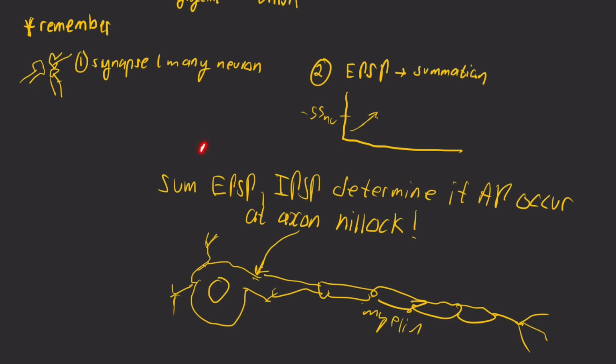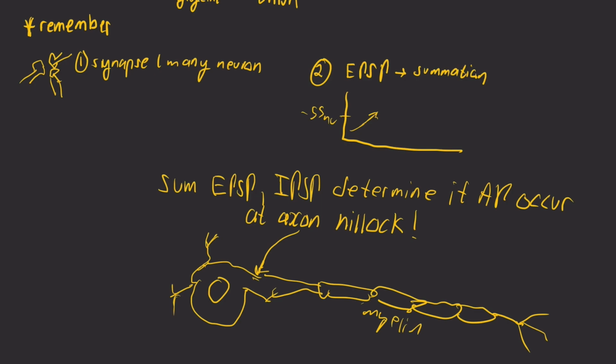So think of it becoming a little more positive, and a little more positive. If it reaches that threshold, another action potential can occur here in this next neuron, and it can go through the whole process where it propagates along the axons and so on and so on.